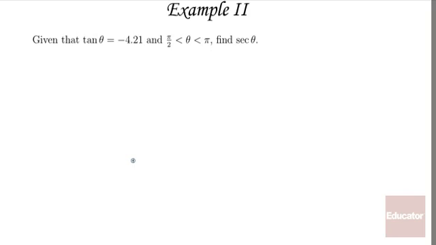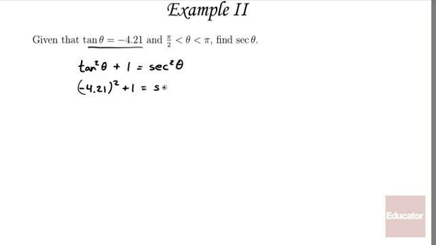Let's try using the Pythagorean identity for tangents and cotangents. In this problem, we're given that tangent theta is negative 4.21, and theta is between pi over 2 and pi, and we want to find secant theta. So, remembering the Pythagorean identity, tan squared theta plus 1 is equal to secant squared theta. If we plug in what we're given, negative 4.21 squared plus 1 is equal to secant squared theta.